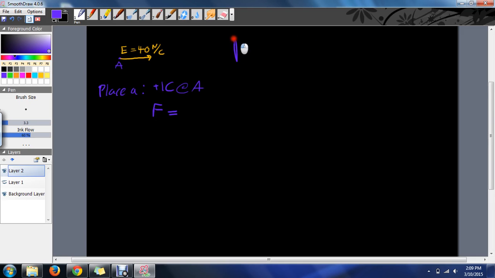So the force, the electric force, if you know what the electric field is, is simply the charge at that point. So there doesn't have to be anything at point A. This electric field is created by something else, either over here or over here. So it's either created by a negative charge over here or a positive charge over here.